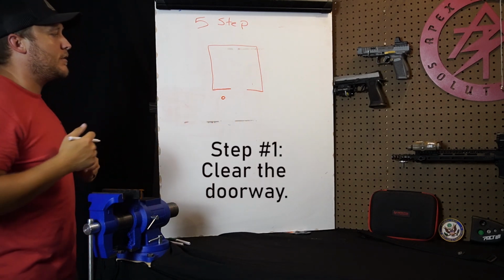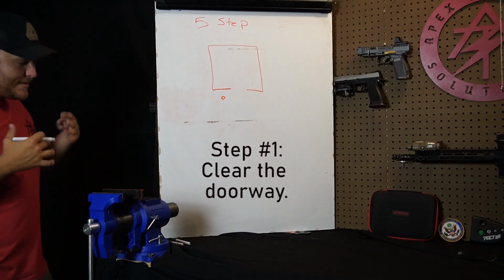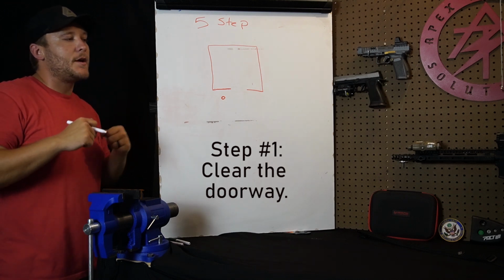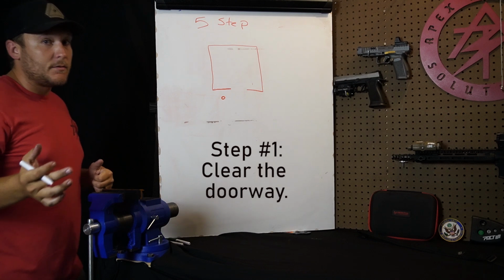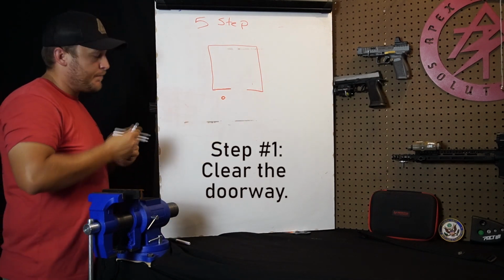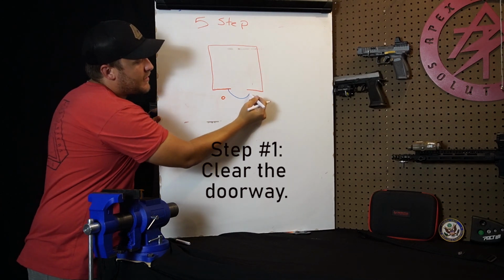The first thing you need to do is clear your doorway, right? That doesn't mean that we're moving things out of the way. It doesn't mean you're going in there all John Wick, clearing, shooting the door. But you could be, right? What that means is we're going to identify everything within this sector.